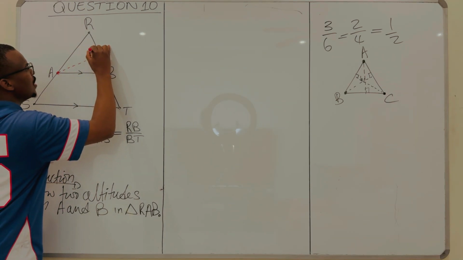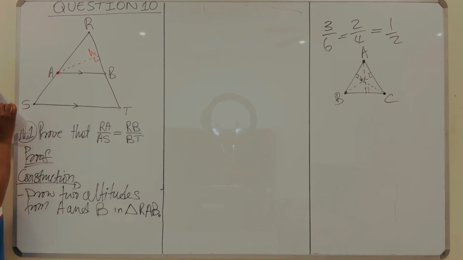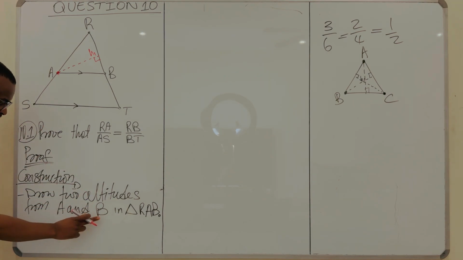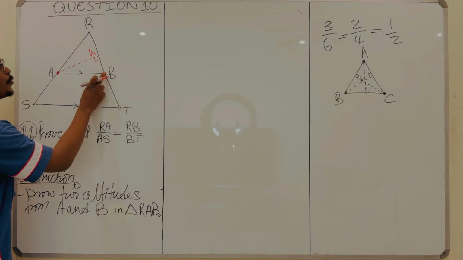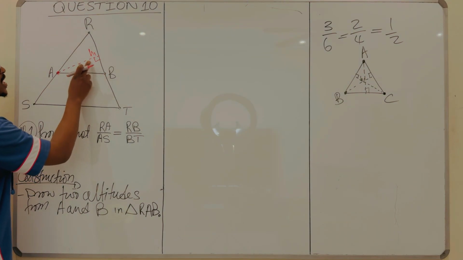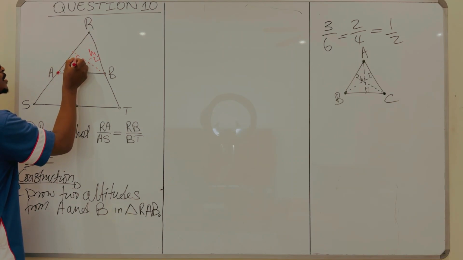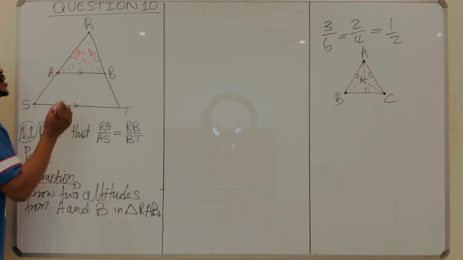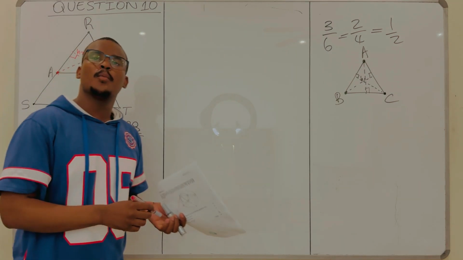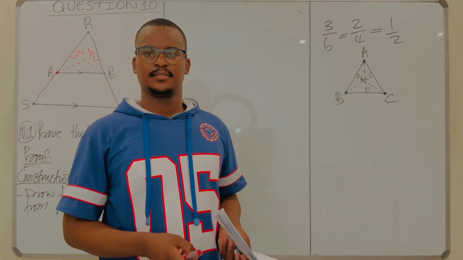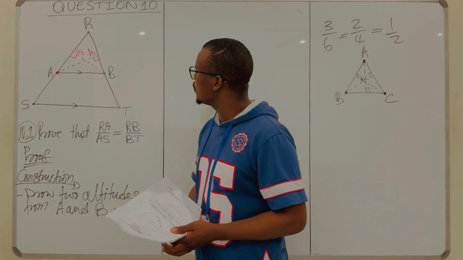Let's call it height 1, right? And we need another altitude from B. Here is B. The perpendicular height will be towards the opposite side. It's over this side. So here is your altitude here. Your altitude is what you normally call your perpendicular height. Fine. We do have it.